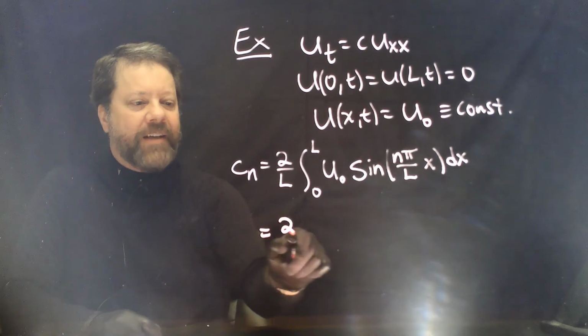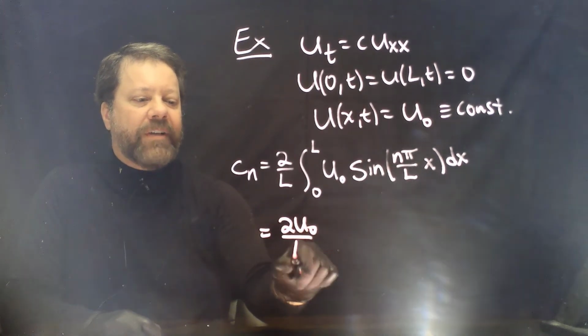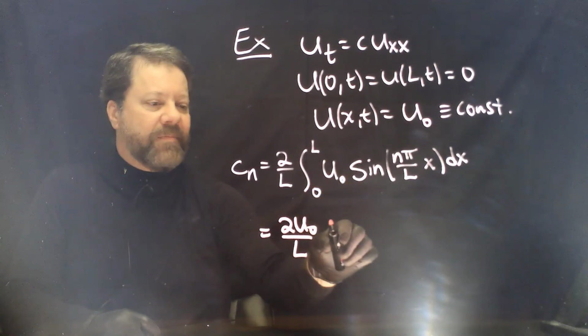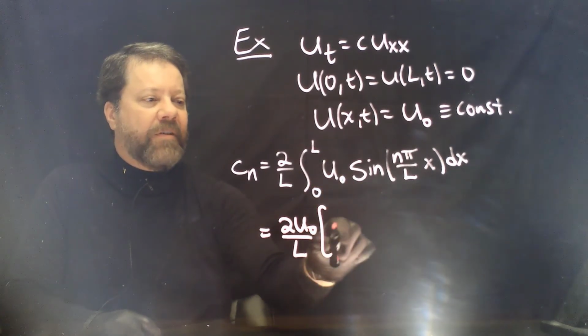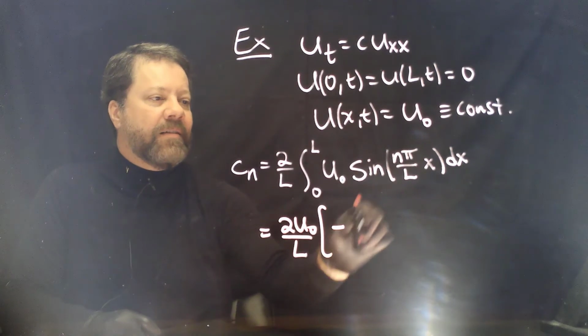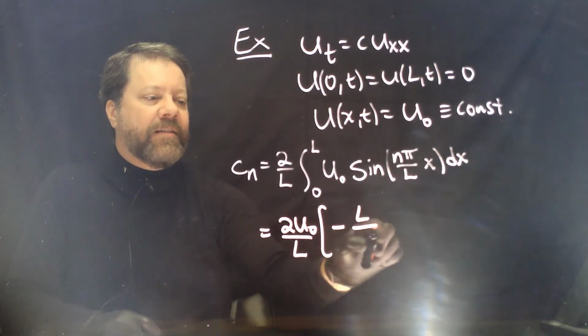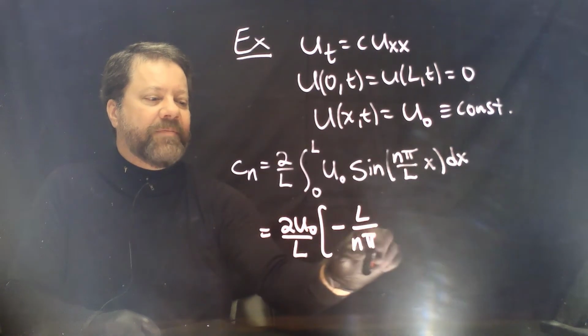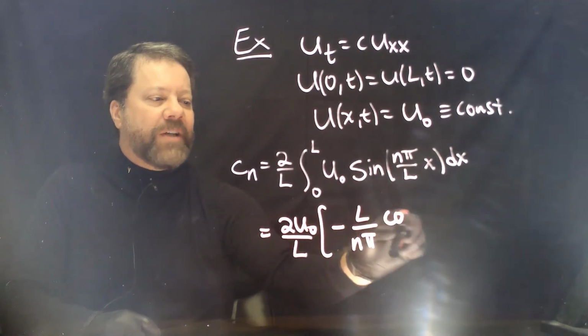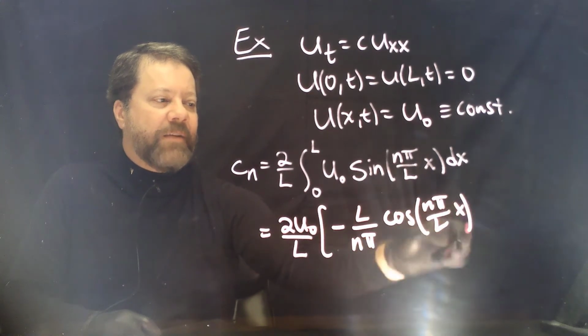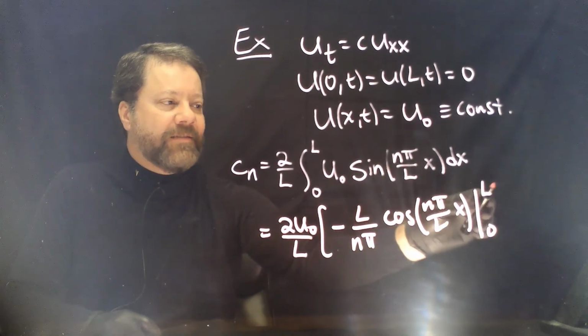We have then 2 u naught over L. Well, what's the integral from 0 to L? We'll have minus, when we take the integral, we have to divide L over n pi. We'll have a cosine n pi over L x, and we're evaluating from 0 to L.